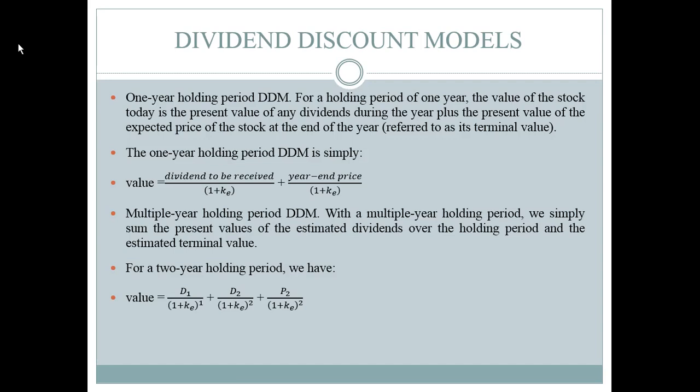And then for multiple years, for instance here we are looking at 2 years, you discount the dividend to be received at the end of year 1 plus the dividend to be received at the end of year 2. You discount that also, plus the year-end price at the end of year 2, and then you also discount that to find the value of the corporation today.